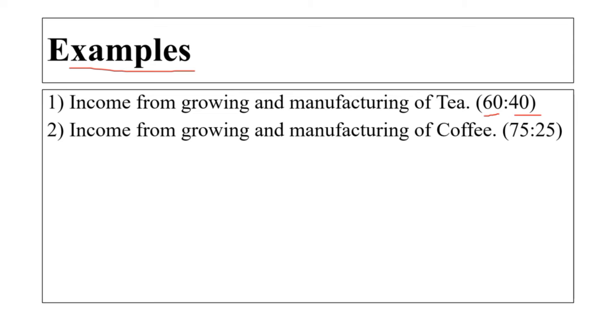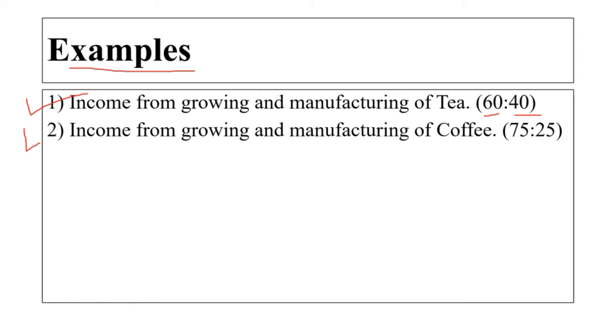The 40% is non-agriculture income. So here they get a deduction of 60%, but not for the 40%. On that 40%, there will be tax which they have to pay.